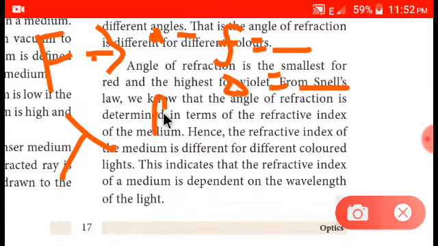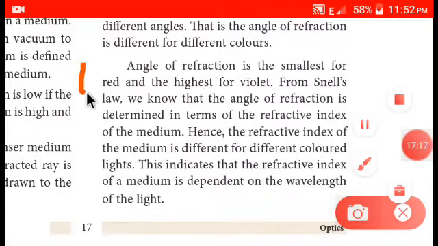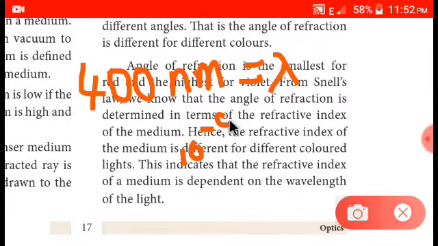The red color light was given some frequency and some other wavelength, and similarly for violet light. All colors were given independent frequency values and independent wavelength values. So I don't know whether violet light or red light will have 400 nanometer of wavelength. Nanometer refers to 10 power minus 9 meter.